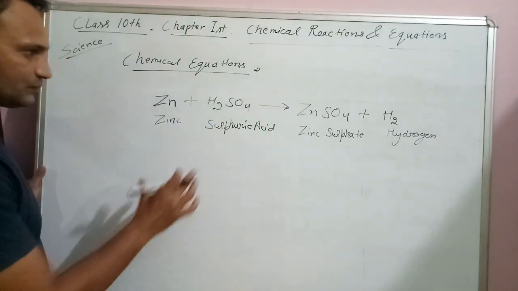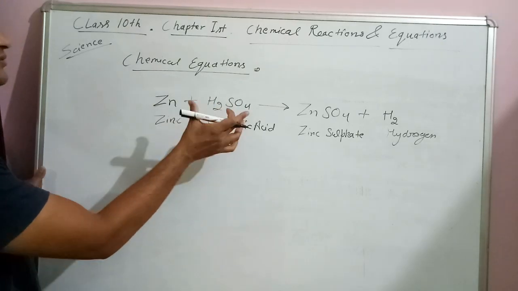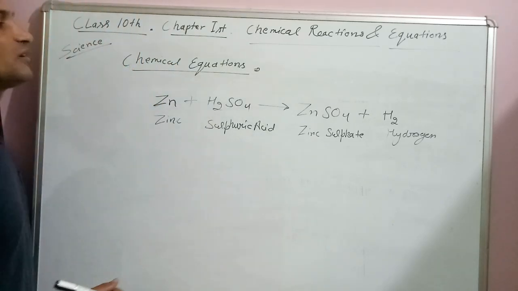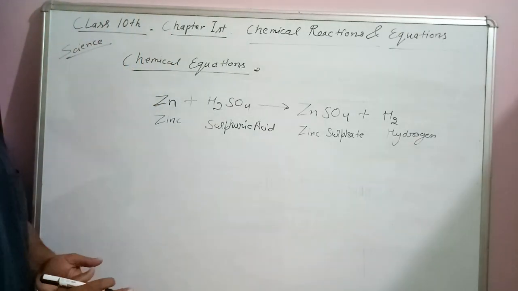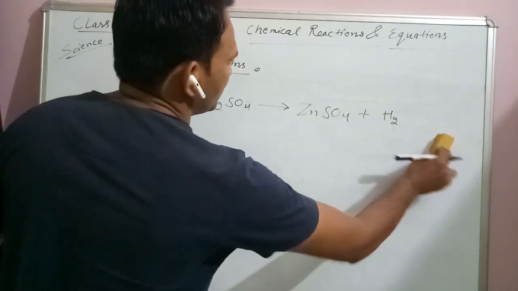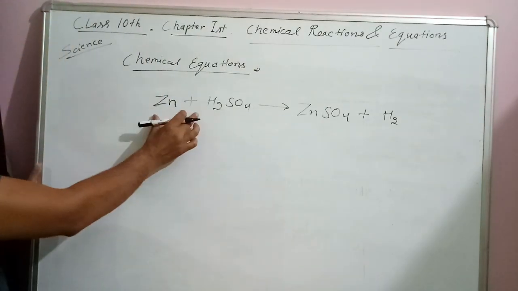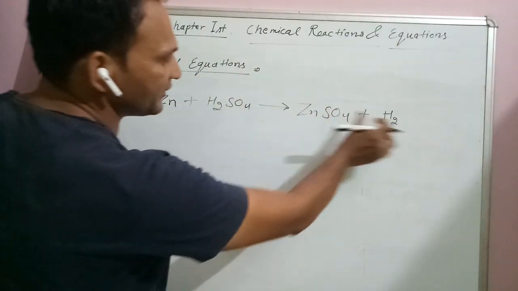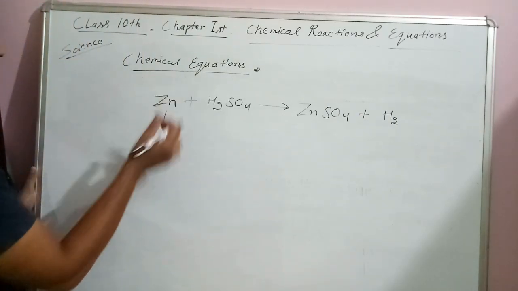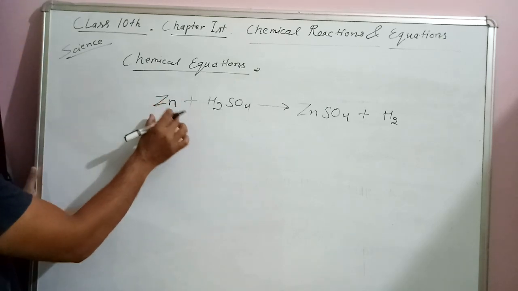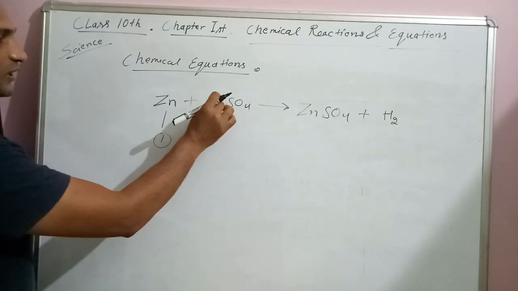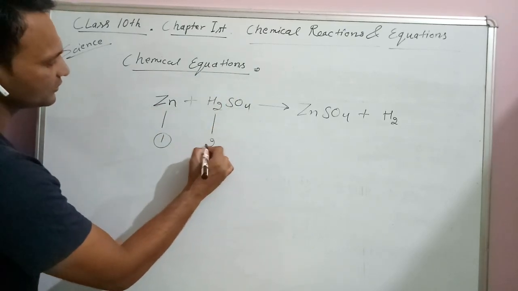Now we can check the number of atoms present in the reactant side and in the product side for the different elements taking part in or formed during the reaction. Zinc and sulfuric acid react to form zinc sulfate and hydrogen. In the reactant side, there is one atom of zinc. Hydrogen has a 2 written after it, so two hydrogens.